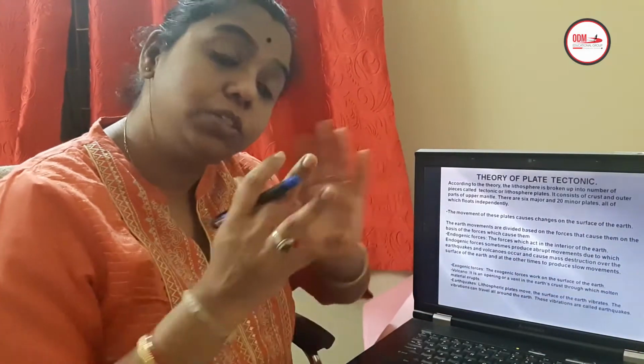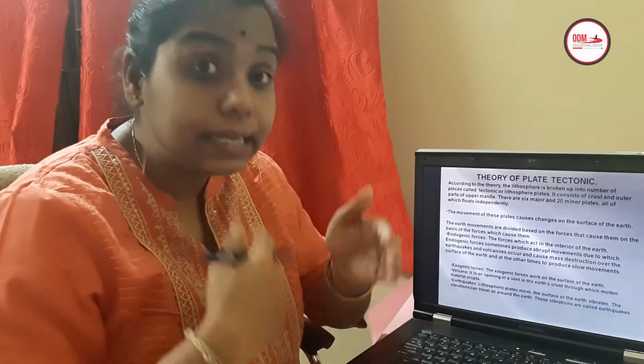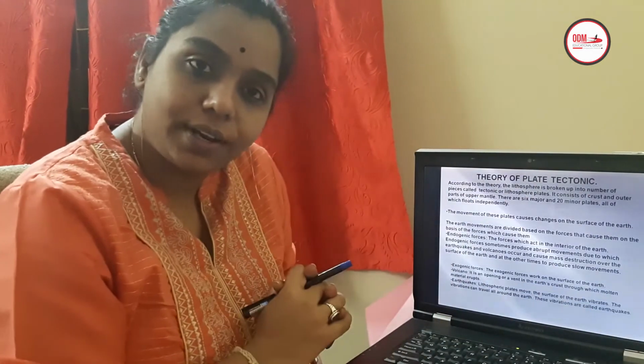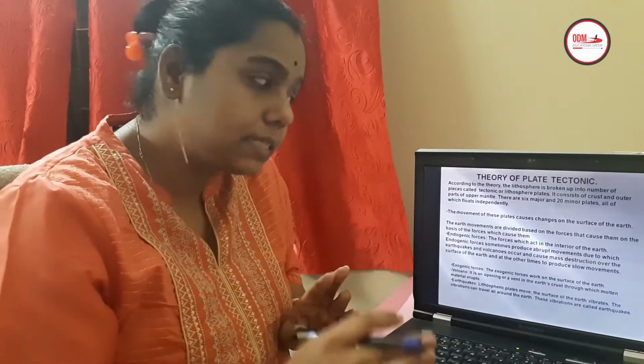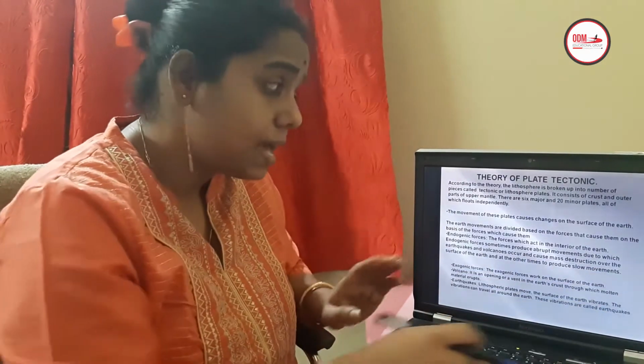Like you see these continents here, you can see they are separated, but it was not like that. They were joined. And there was a force called endogenic force which acts inside the earth, and it separated all 7 continents. This separation has created your lithospheric plates, and this is called your theory of plate tectonics.